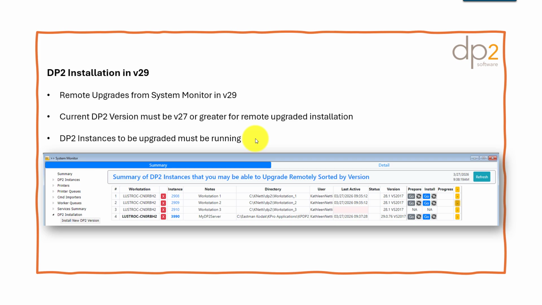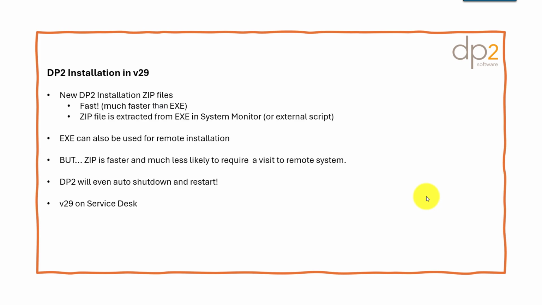But now DP2 needs those instances to be running so that they can be communicated to you via System Monitor and you can get to the action buttons. I'm down here in a screenshot of the table for you to prepare those instances and then install those instances. So that's a big change. Your instances of DP2 must be running in order to perform the remote upgrade.